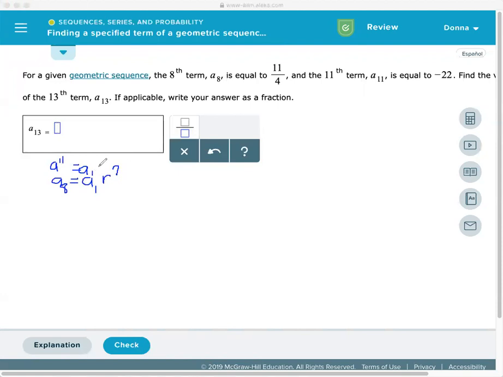And it turns out if you divide those two terms of the sequence, so if you take A11 divided by A8, it's equivalent to taking A1 r to the 10th. Oh dear, this should be a 10.